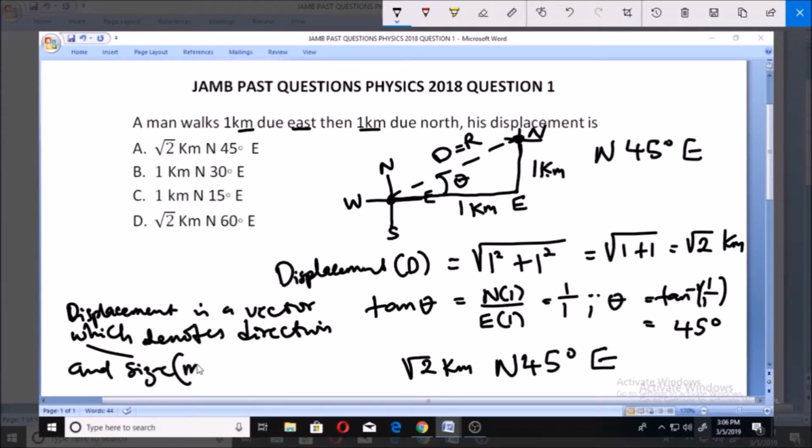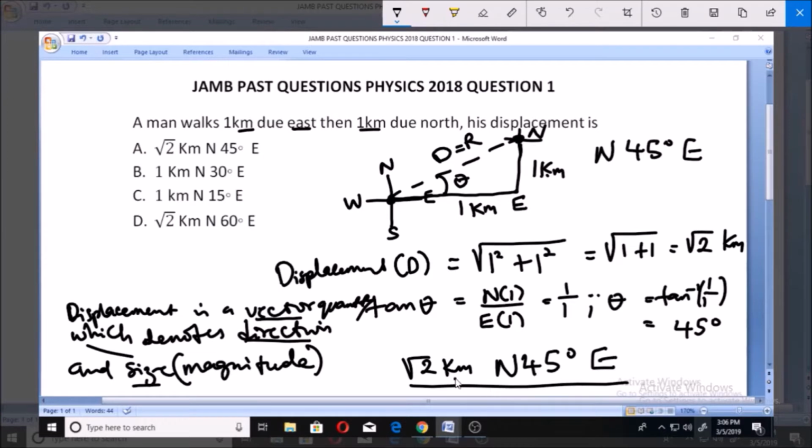Size in this case is the magnitude. So every vector quantity has these two important things. Whenever you say that something is a vector quantity, it must have direction and it must have size. So displacement is a vector quantity which has direction and size. So this is the right answer.